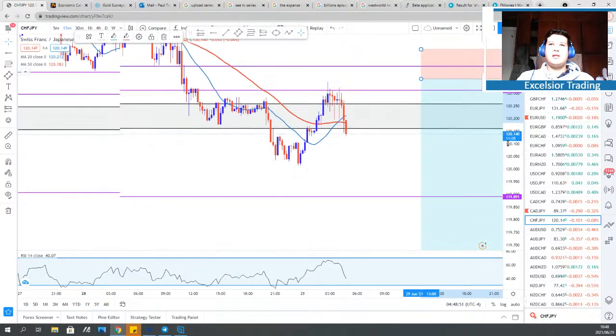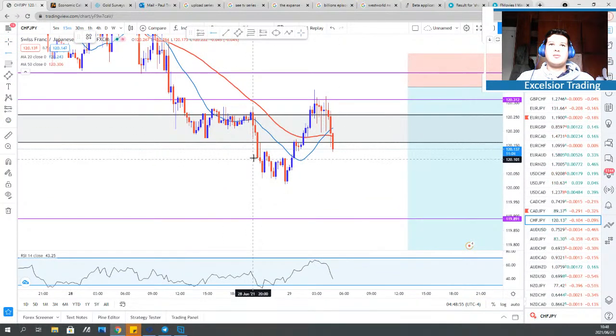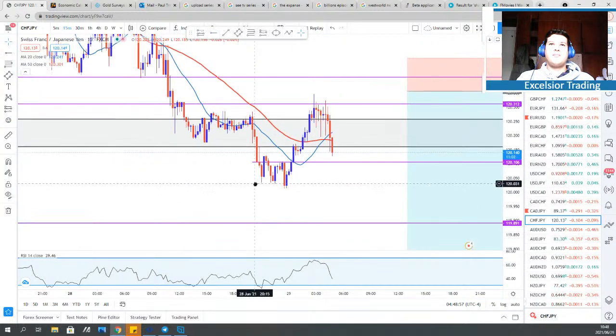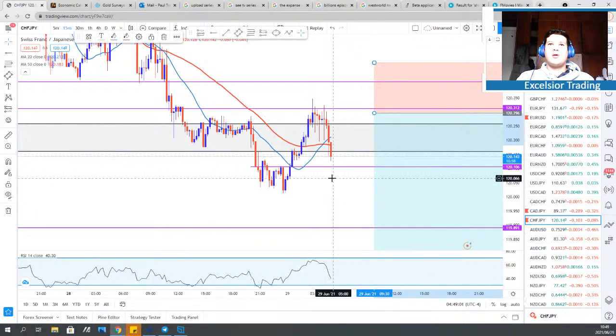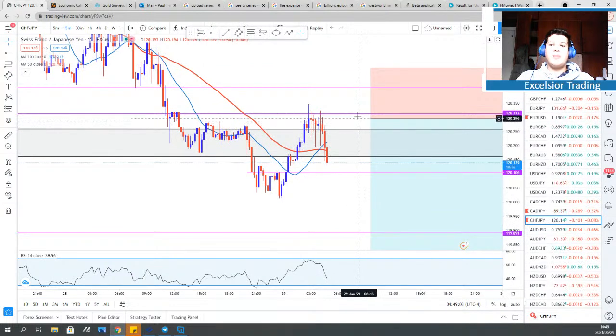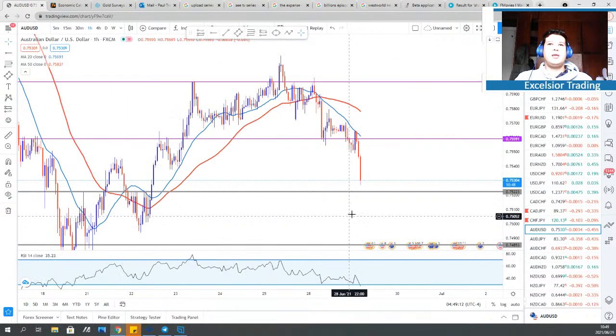Actually already retested there. But we have this little support here. So we might see price coming back to the zone. So I'll mark CHF and wait for it to come back up. Wait for a rejection and then I'll go for a short, but for now, not anything of interest to me.